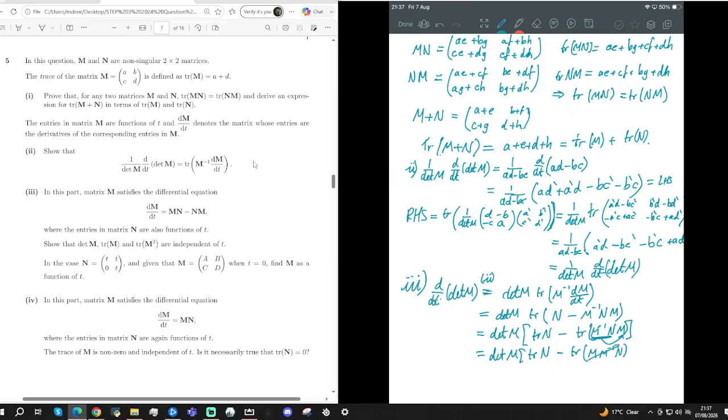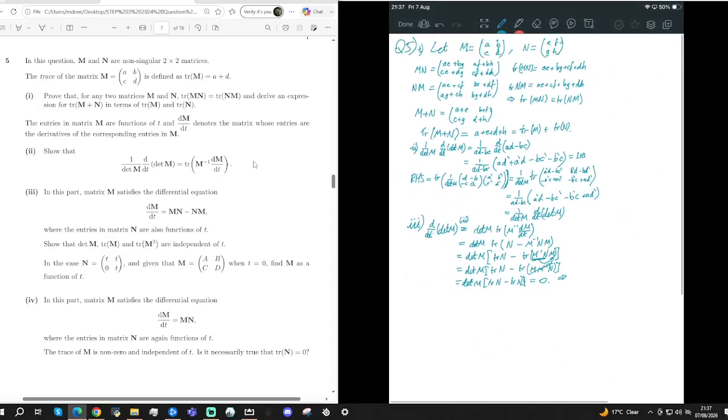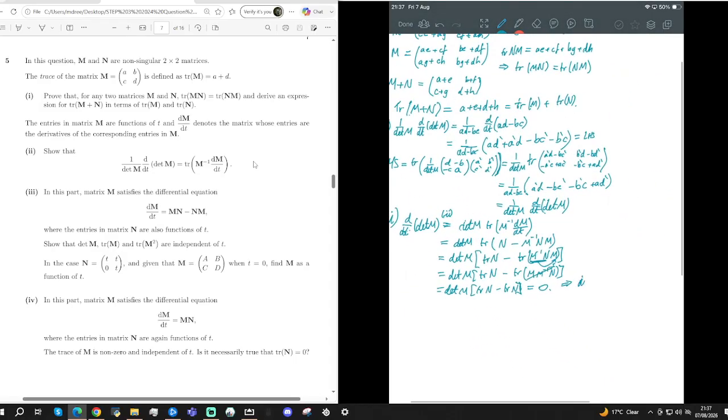But those is just the identity matrix. So this is det m times the trace of n minus the trace of n, which is beautifully 0, which then implies exactly what we wanted, that det m is independent of t.